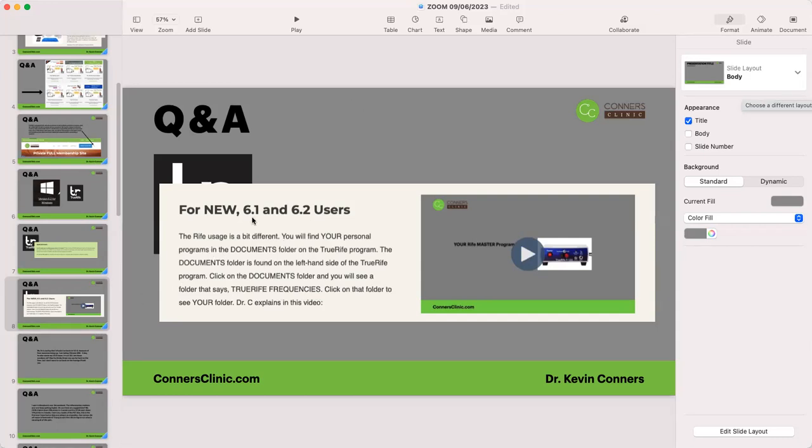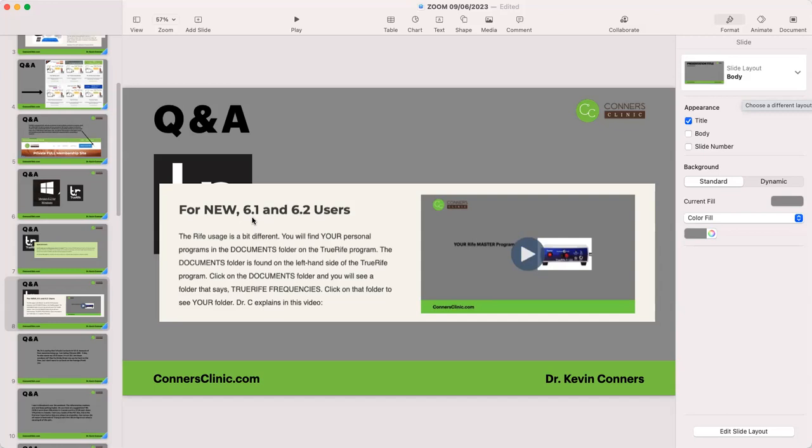So we got it all figured out now. Jake at TrueRife has been a wonderful help. He's really been trying to get everything working correctly. They just upgraded some things on 6.2 for us, so I'm very thankful for what they're doing.